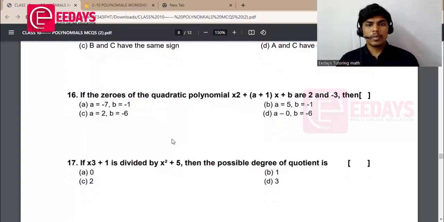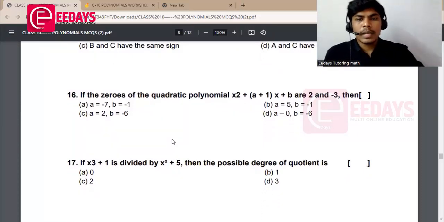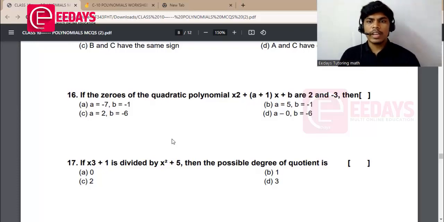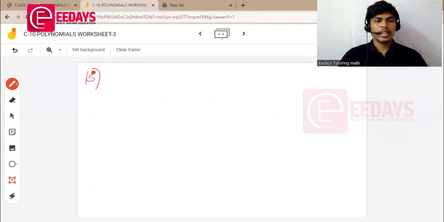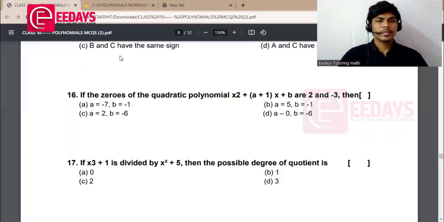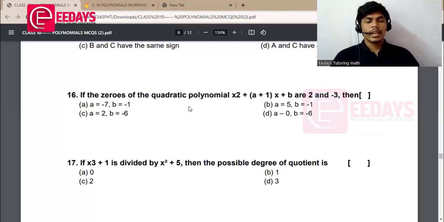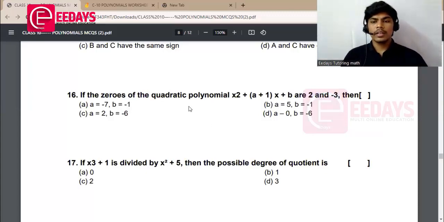If the zeros of the quadratic polynomial x square plus (a plus 1) x plus b... this question we have already discussed, right? Let's do it here again. They already gave the zeros alpha and beta over there. Substitute and get the quadratic polynomial.